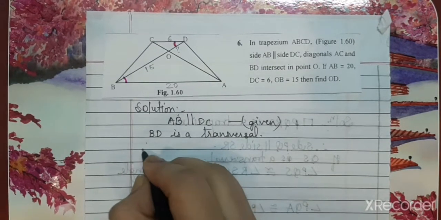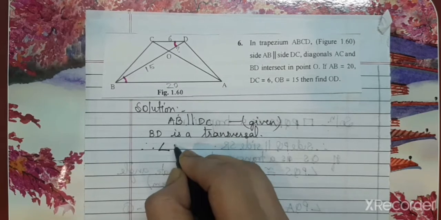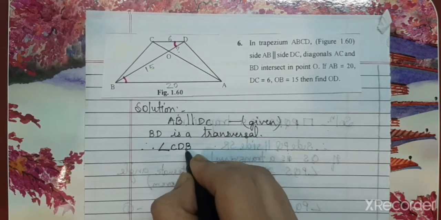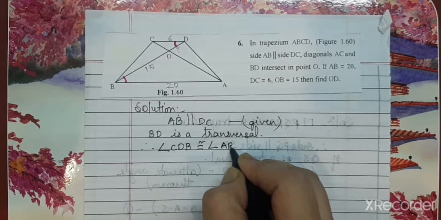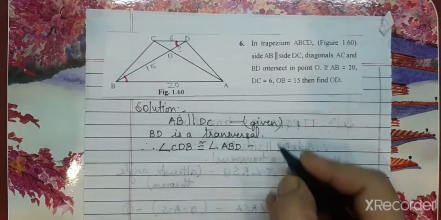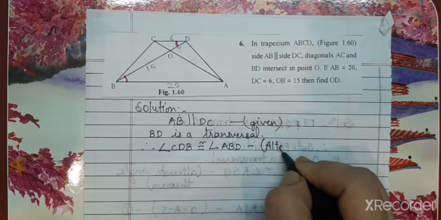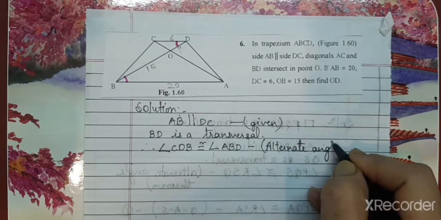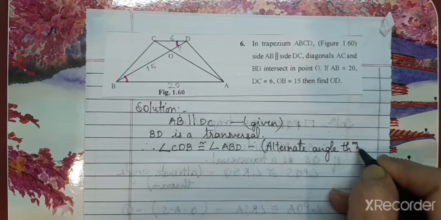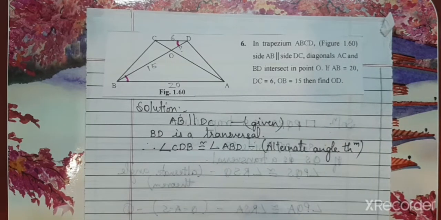They become the alternate angles. Therefore we can write angle CDB is congruent to angle ABD. The reason is the alternate angle theorem. You have done this in standard 9th.